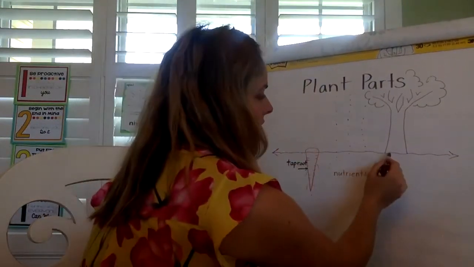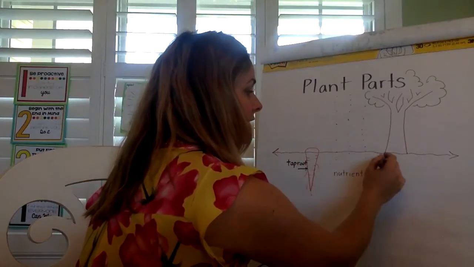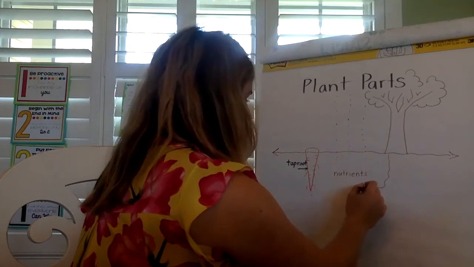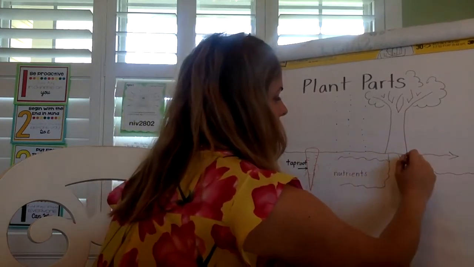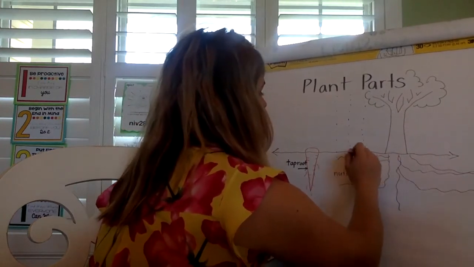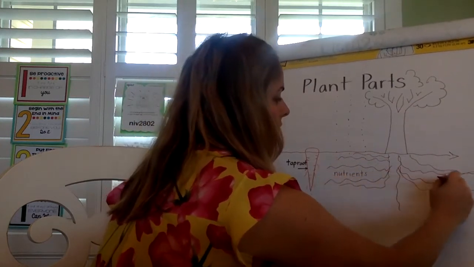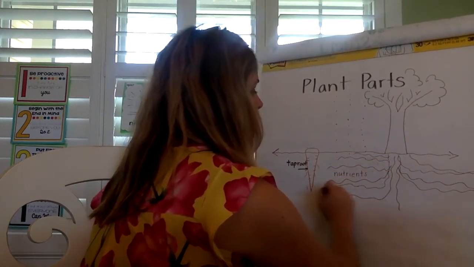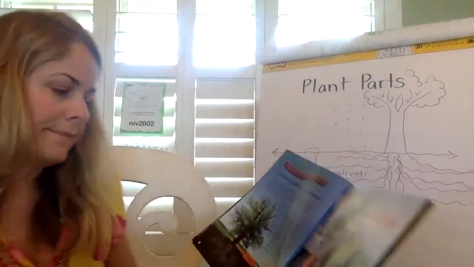So the roots underground under a tree, they might look like they go straight down, and a lot of them do, but then they spread out horizontally. This way, and this way, and this way. So they can really soak up a lot of water and a lot of nutrients from all around them.